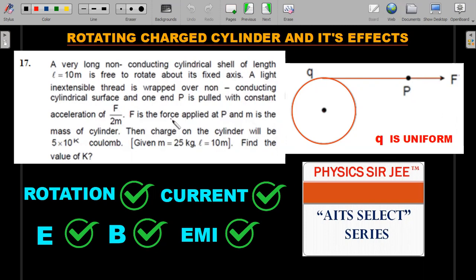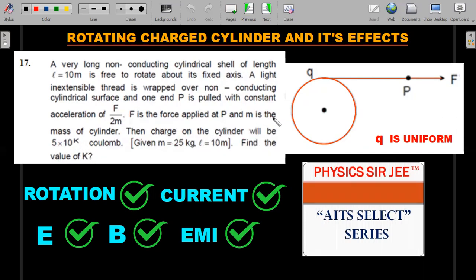Okay, F is the force applied at point P and m is the mass of the cylinder. Then the charge on the cylinder, which is uniformly distributed on its surface, is 5 into 10 power k. If mass and length are given, you're supposed to calculate the appropriate value of this power k.